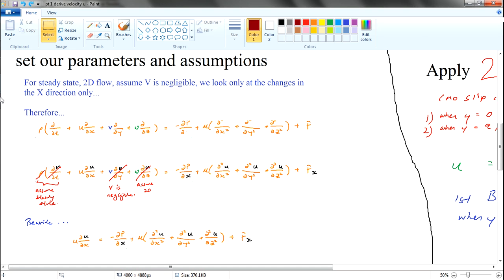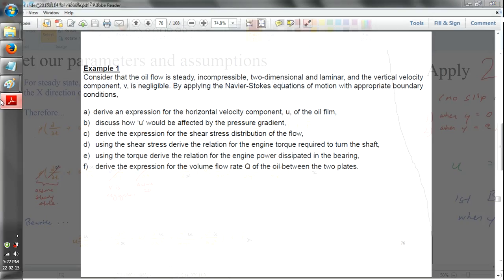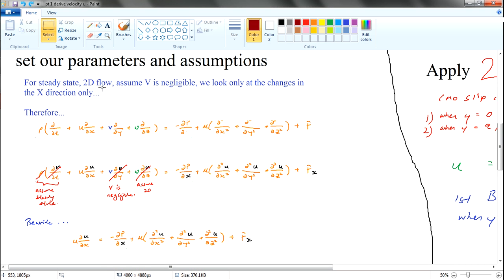So we have to first set in our parameters. So this steady, incompressible, whatever, then we just sub it in. For steady state 2D flow, assuming V is negligible, so one dimension, we only look at the changes in the x direction only. And therefore, this is the equation. If you remember back, this is our template, right?